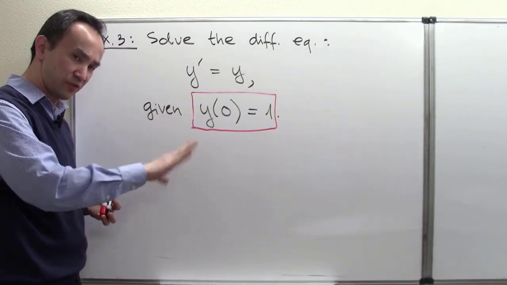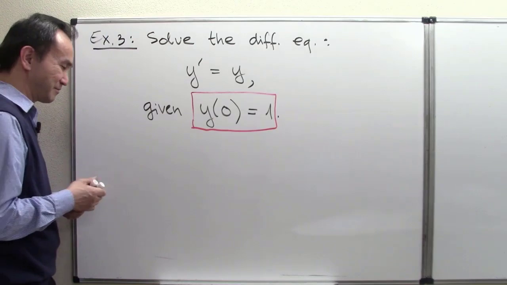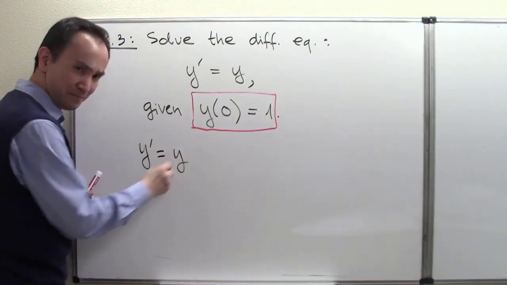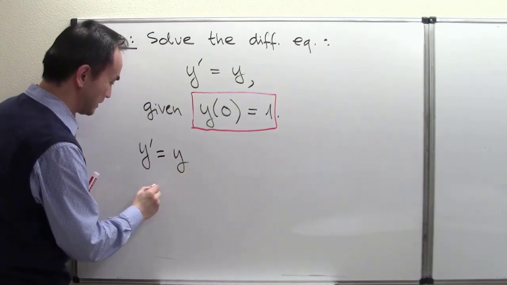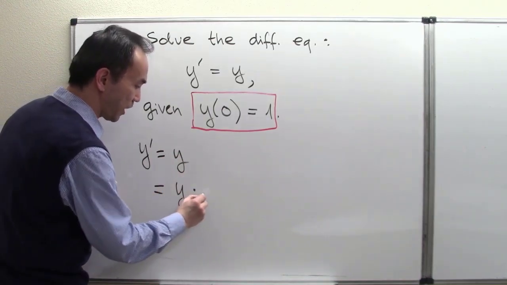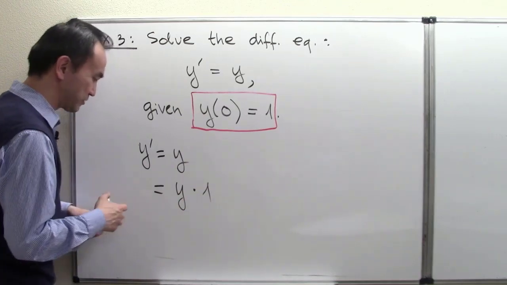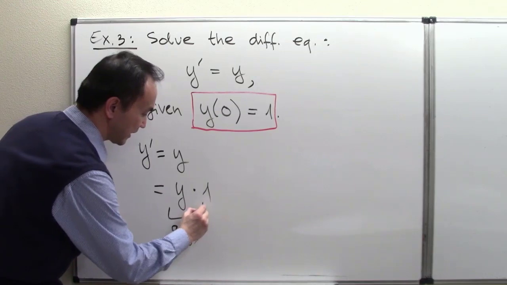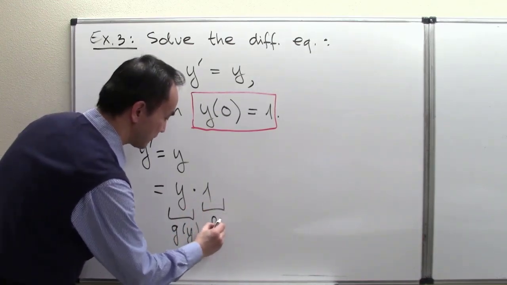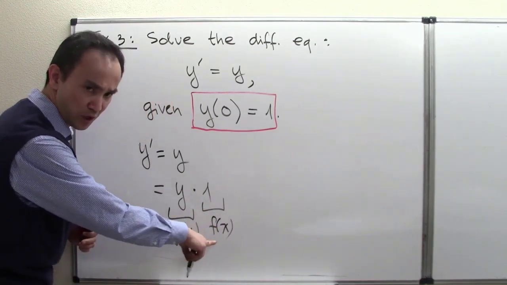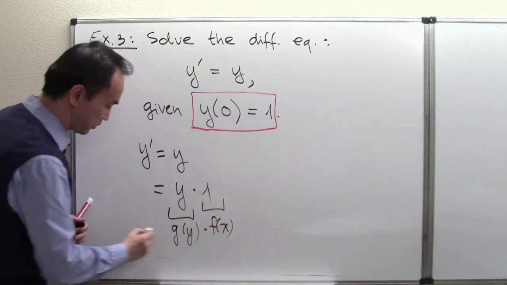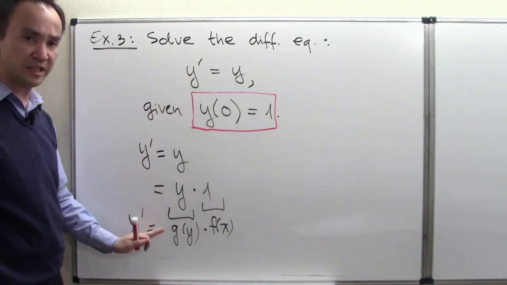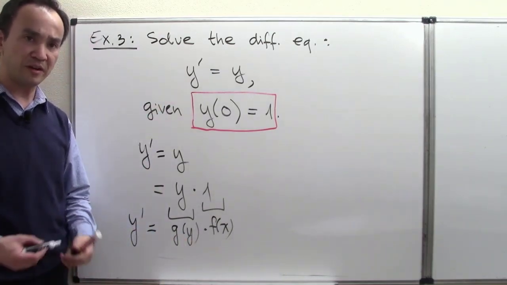So I pretend that right at this instance, y prime equals y, I'm seeing it as a product of y times 1, for example. It's some function of y, g of y, and the 1 is some function of x, even though it's a simple constant function, f of x equals 1. So clearly I have recognized our equation as a separable differential equation.